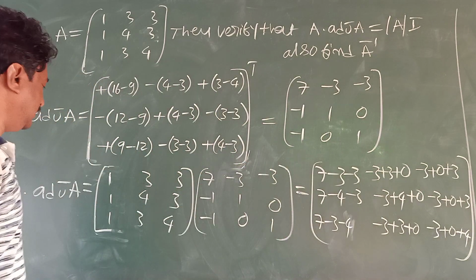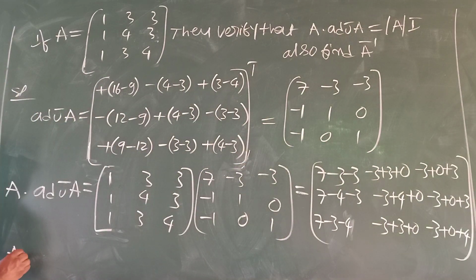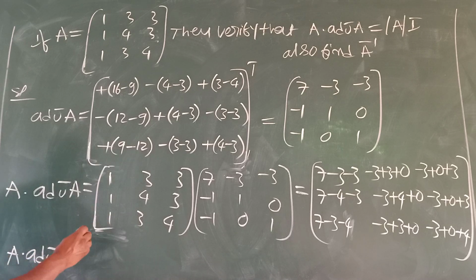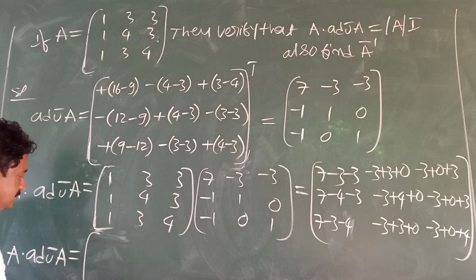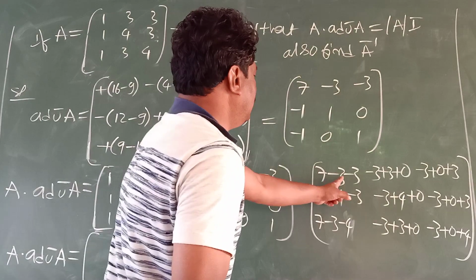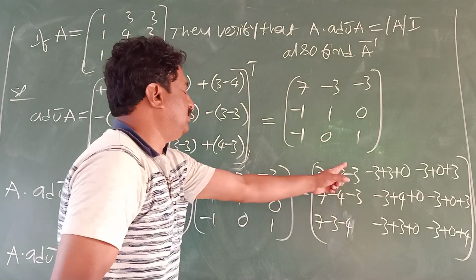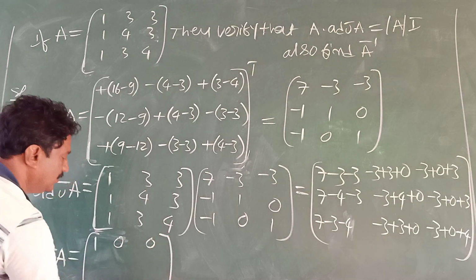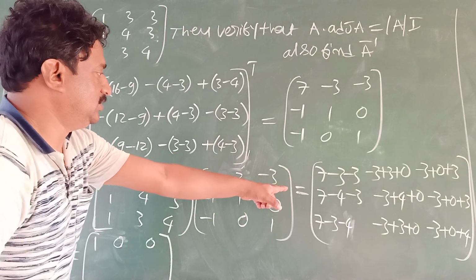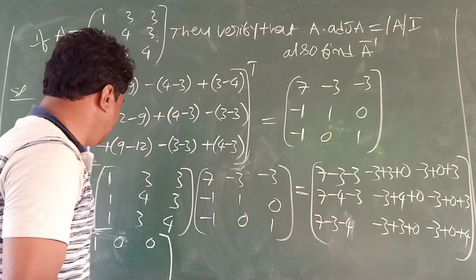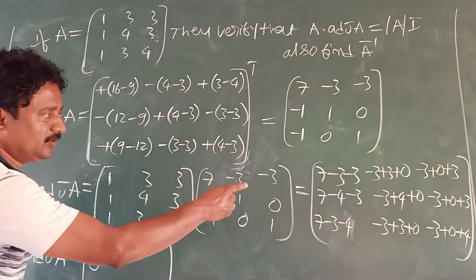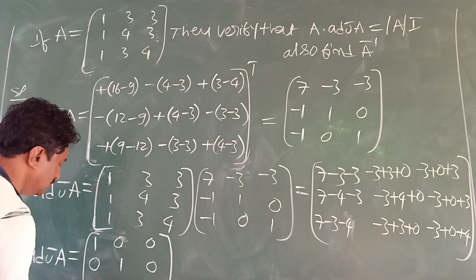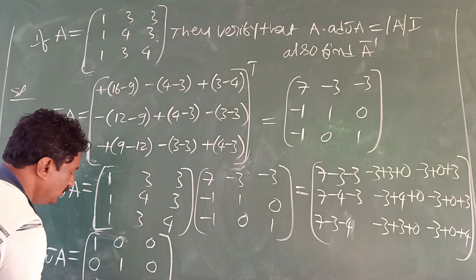Now simplify that. So how much is A into adjoint A? We are getting 7 minus 3 minus 3 is 1, then 0, 0, then 7 minus 7 is 0, 4 minus 3 is 1, 0, then 0, 0, 1.